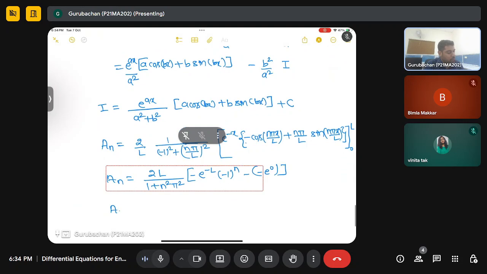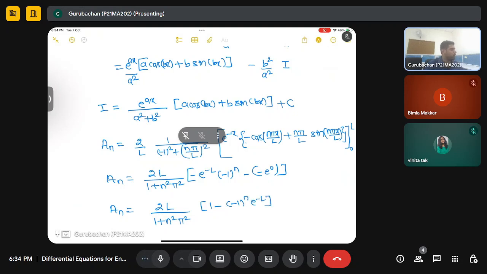So from here you will get 2L divided by 1 plus n square pi square and 1 minus (-1) to the power n e to the power minus L.